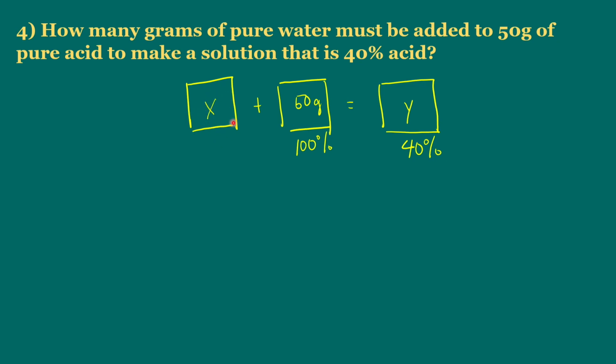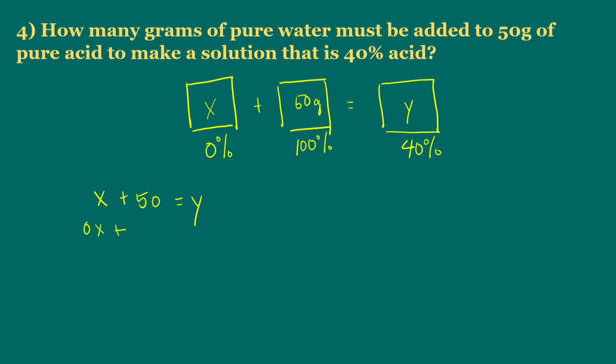Right? The concentration of this in terms of the concentration of acid is none. So, there's no acid in pure water. Alright? So, that's 0%. So, this is our working equation. x plus 50 equals y.